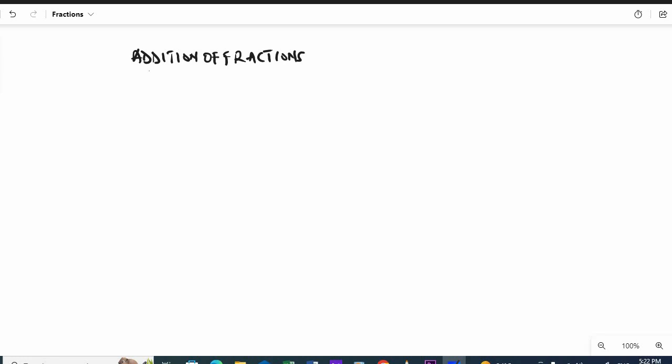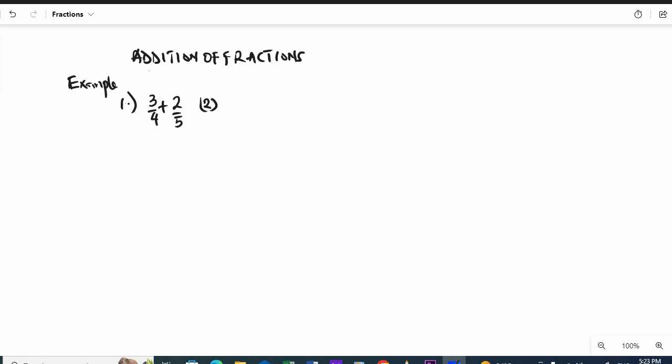So as we have done with the previous subtopics, we'll start with examples so that we see how to add fractions. So we just give a simple illustration of how fractions are added. Okay, so the first one will be 3 over 4 plus 2 over 5.